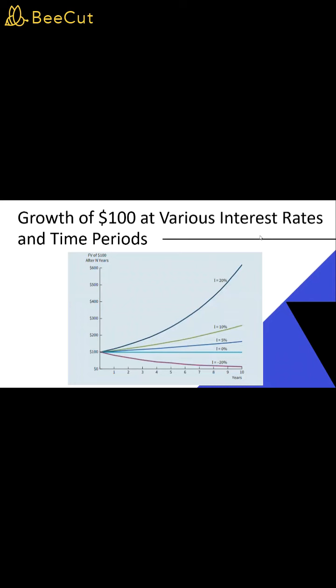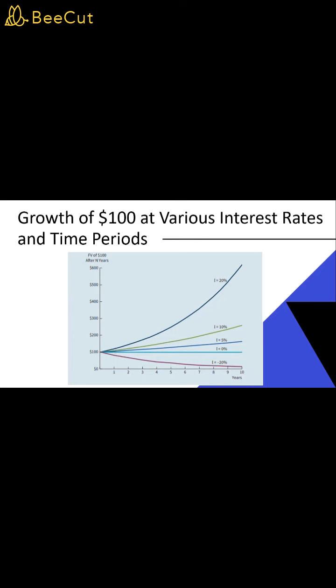In this particular slide, I just wanted to show you what a difference it makes, the interest rates being offered by various organizations. If you put in your money at 0%, you're not going to be making very much. You're going to have exactly the same amount in 10 years' time as you had at the beginning.